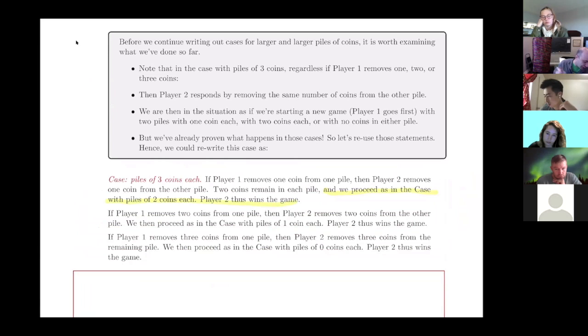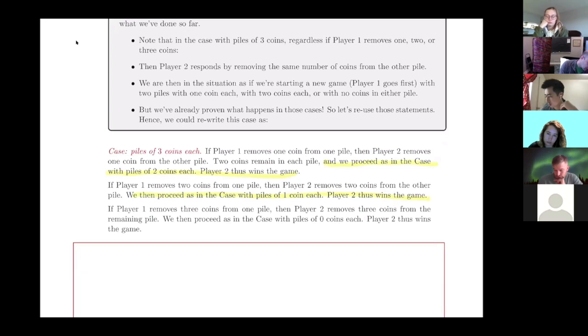Player 1 removes 2 coins, player 2 removes 2 coins. Then we have the case with 1 pile, and so on. So really what we're saying here is no matter what player 1 does, player 2 can do something so that this now becomes a smaller game that they've already figured out how to win.